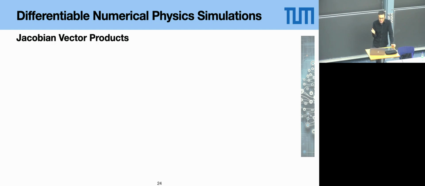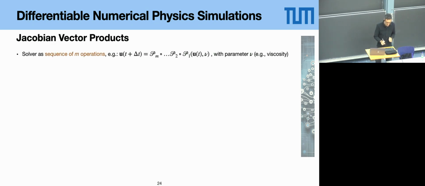Right, you could argue, well, luckily, normally we don't need to deal with it too much, but if you now want to understand how it should work for simulations, or if you in the future want to set up your own simulators that support this, it's important to know what happens here. So what is meant with Jacobian vector products is the idea that we have a sequence of operations. Say we have m operations, doesn't matter what it is, right?